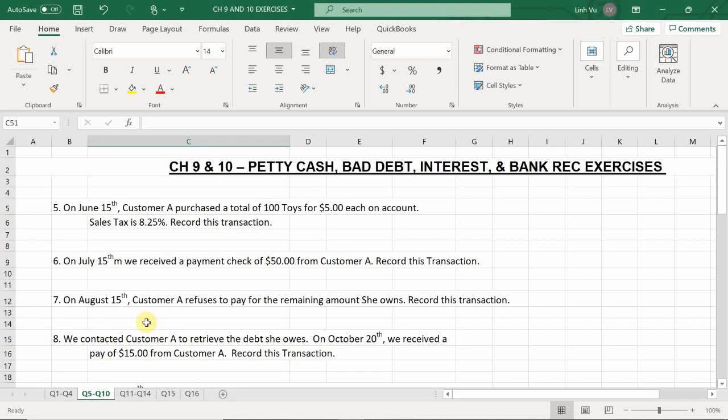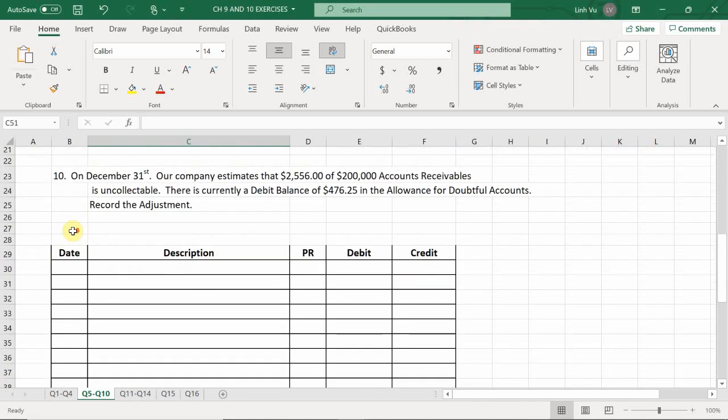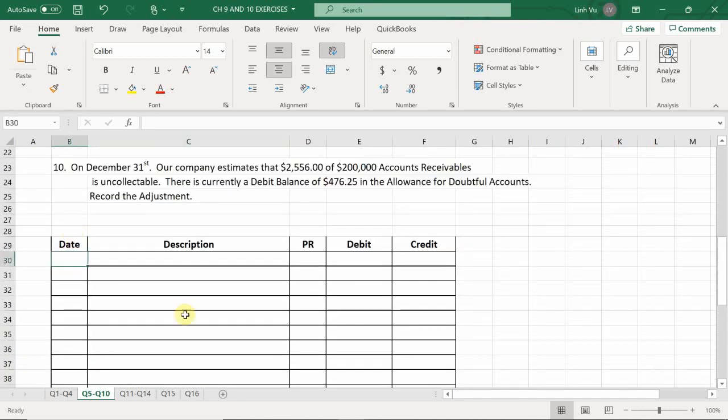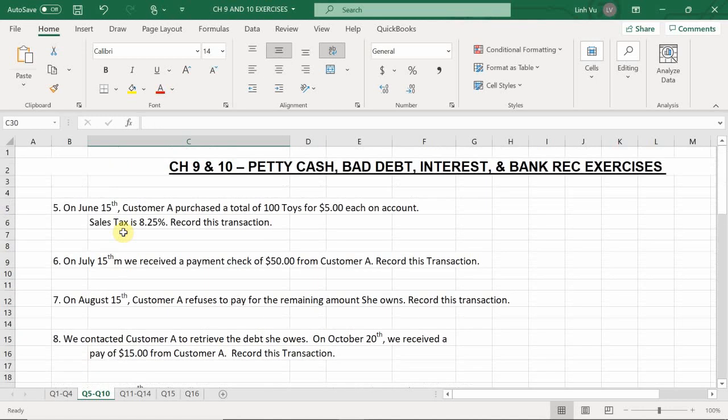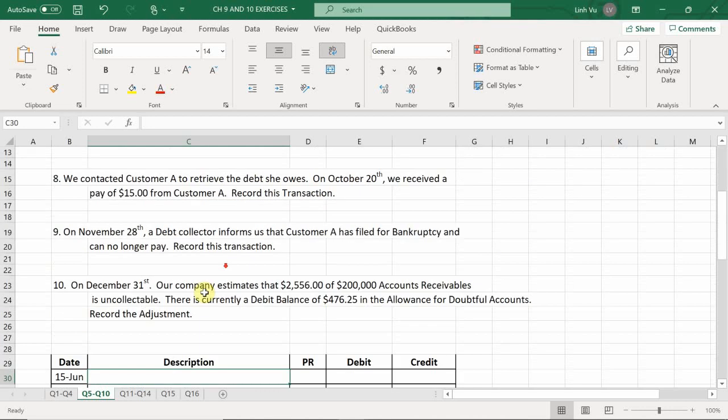Question number 5 says that on June 15, customer A decides to purchase a total of 100 toys for $5 each on an account. Sales tax is 8.25%. Record this transaction. So the first one is on June 15, customer A purchased 100 toys at $5 each on an account.